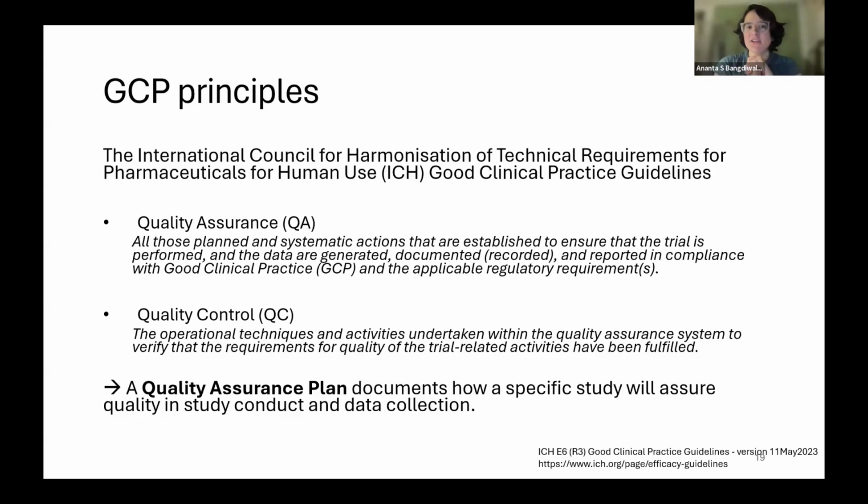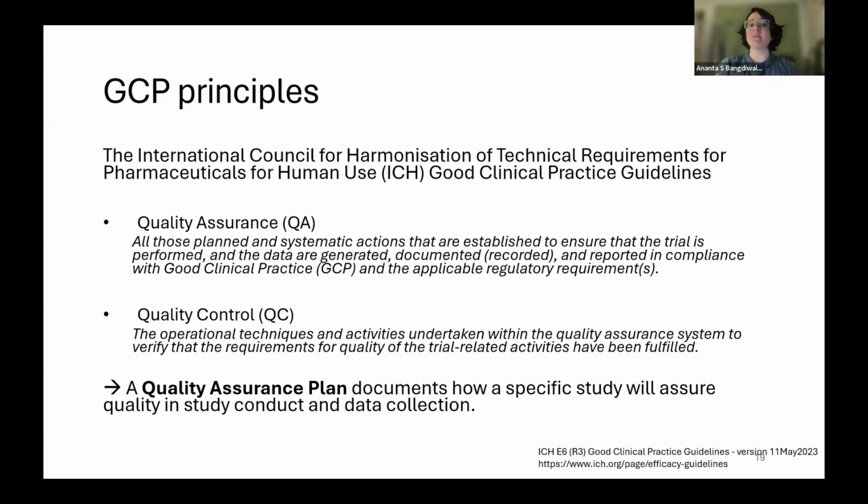I'll highlight that the International Council for Harmonisation of Technical Requirements for Pharmaceuticals for Human Use GCP guidelines says that quality assurance is all those planned and systematic actions that are established to ensure that the trial is performed and the data are generated, documented, and reported in compliance with GCP. And quality control is the operational techniques and activities undertaken within the quality assurance system to verify that the requirements for quality of the trial are being fulfilled.